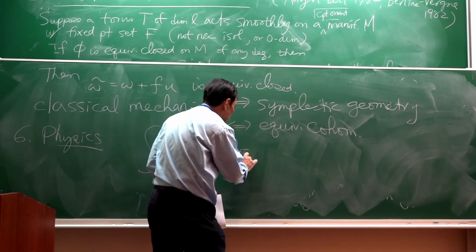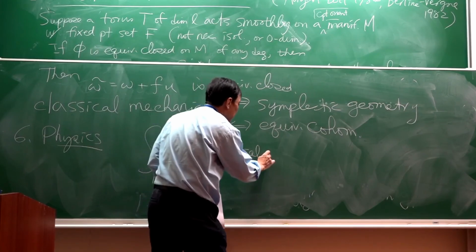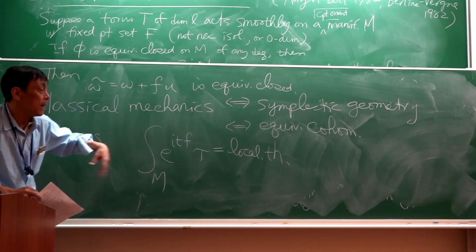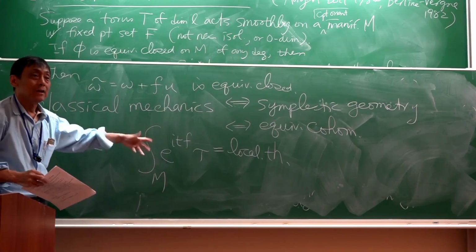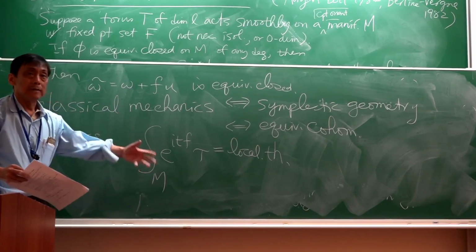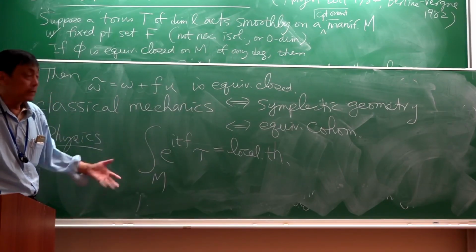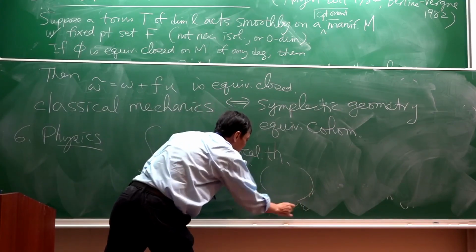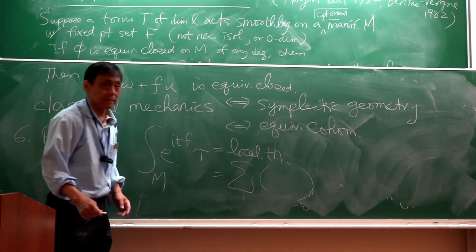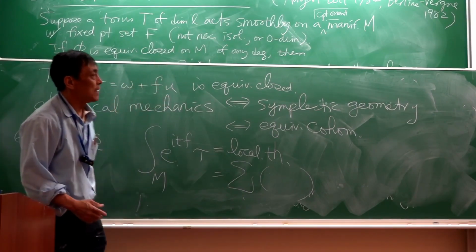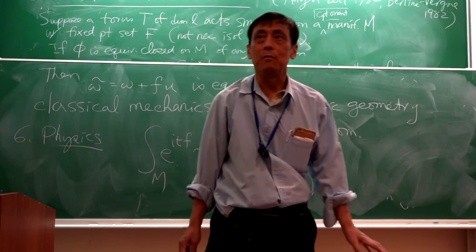You can compute them using the localization theorem if you have an action of a torus on M with isolated fixed points, and then you get a formula where the integral is a sum. So these are some of the applications of equivariant cohomology.